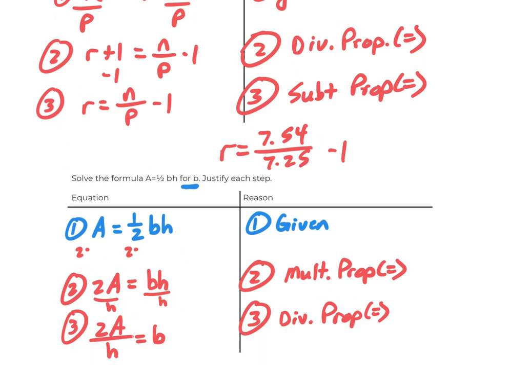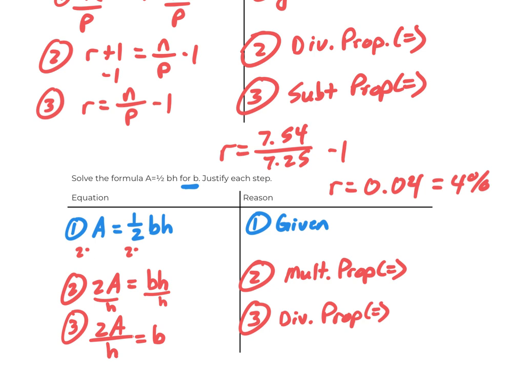What do we get? 0.04. And so what that means is this person got a 4% raise.